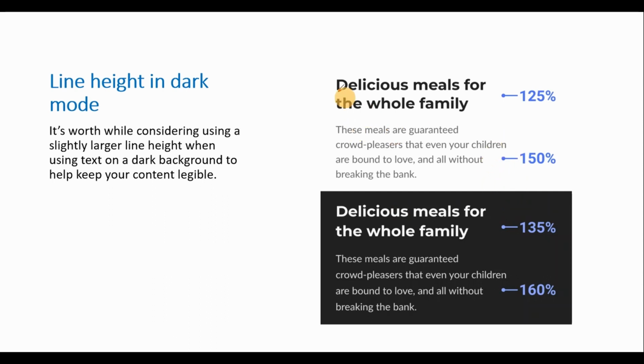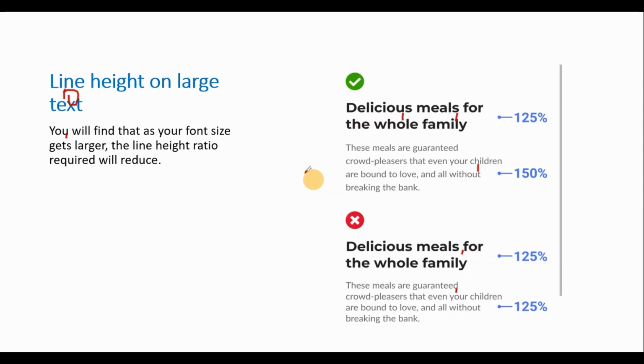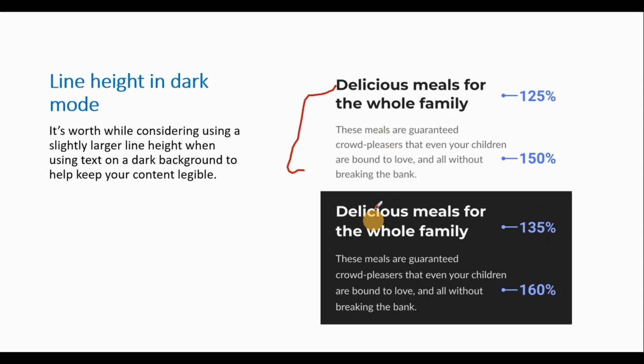You can see for the one on light mode, we still take what we have in the previous, which is the 125, 150 ratio. But when you're on dark mode, you need to increase this a bit, basically because sometimes it looks too thin in dark mode.